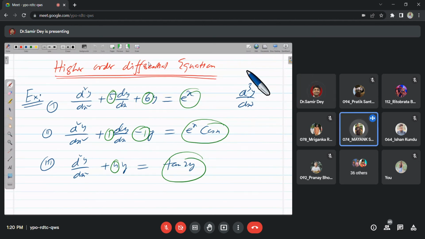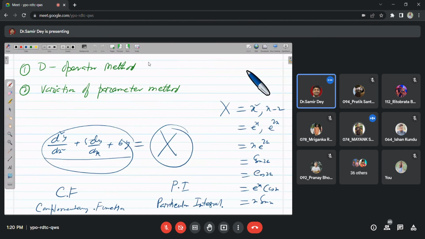Complementary function equal to particular integral. This one. Okay. The first part is all about the CF, that is the complementary function, and the right side part is the calculation of the PI part. Okay.